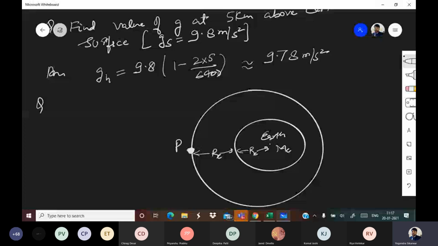Find acceleration due to gravity at point P. Please find, everyone.